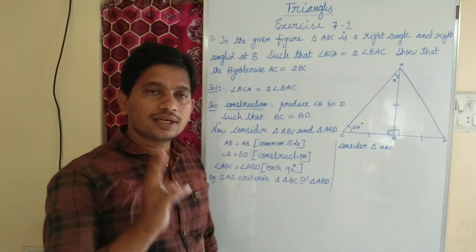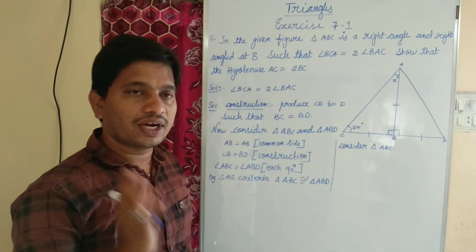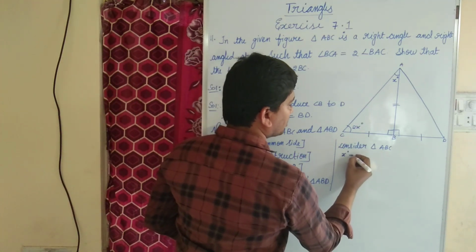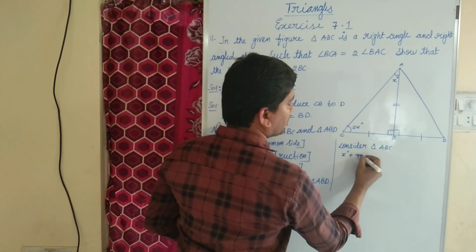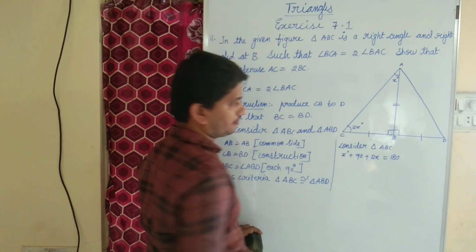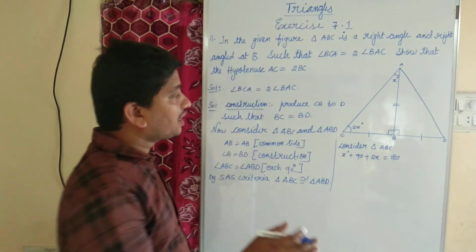In a triangle, the sum of the three angles equal to 180 degrees. Angle A is x degrees, angle B is 90 degrees, and angle C is 2x degrees, which is equal to 180. We took only triangle ABC, children.